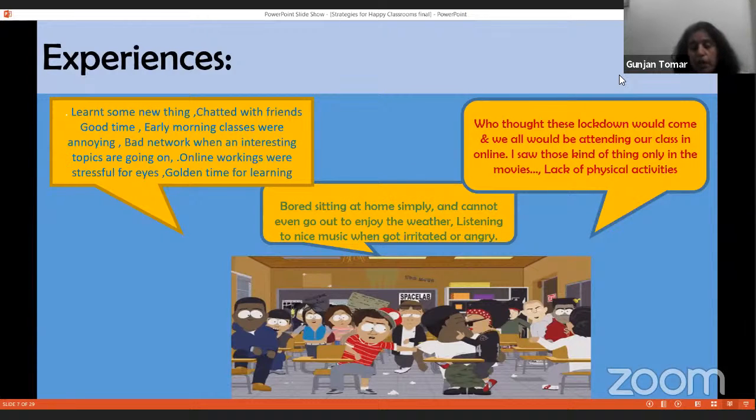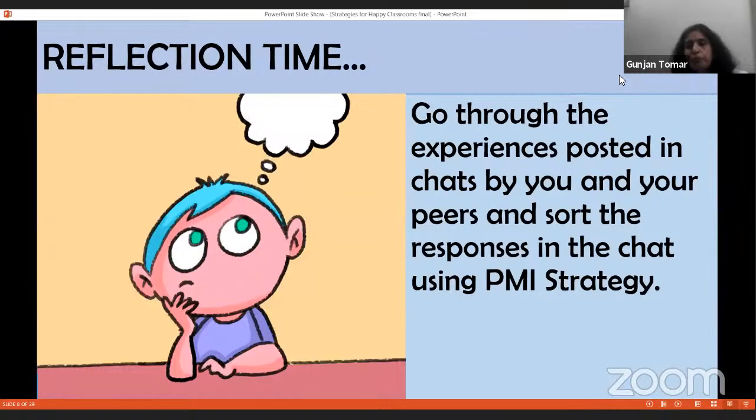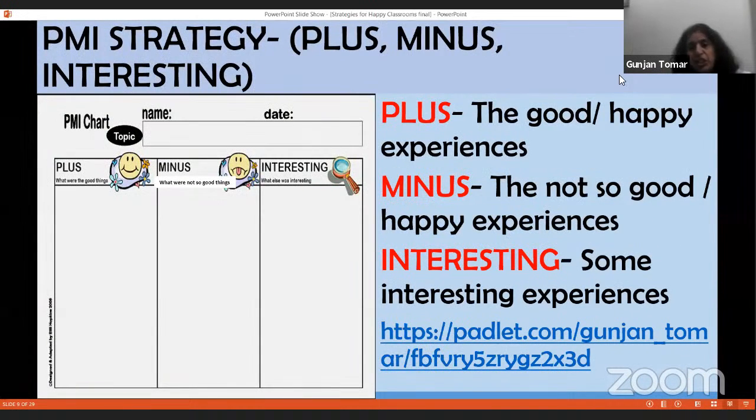during the lockdown. So my next activity was, I asked them to go through each experience that they had posted in the chat, whatever experience they have shared, and their peers have also shared in the chat, and sort them under the PMI strategy. When I say PMI strategy, this is what it means.